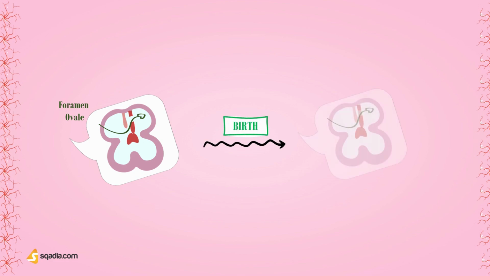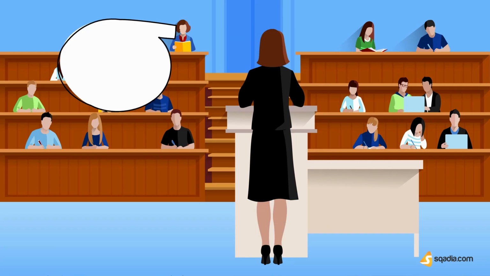But a change in pressure between the atria at birth holds the septum primum closed against the septum secundum, and the foramen becomes permanently sealed.